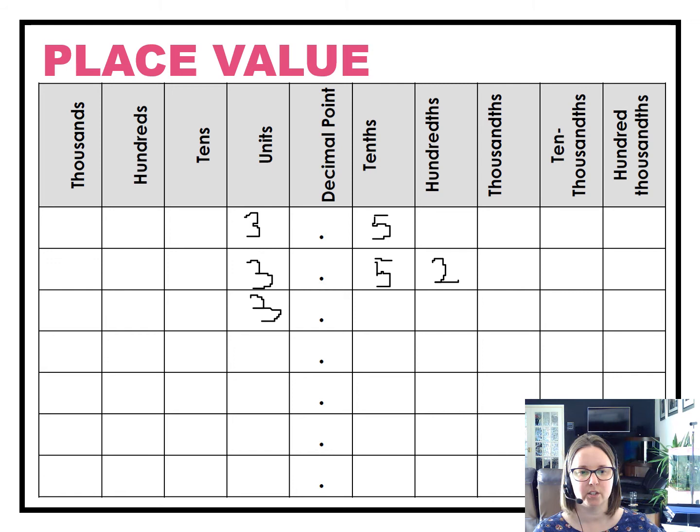Again, 3 in the units column, a 5 in the tenths column, 2 in the hundredths column, and the 6 goes in the thousandths column. Because we finished our number in the thousandths column, I know that that is 3 526 thousandths.